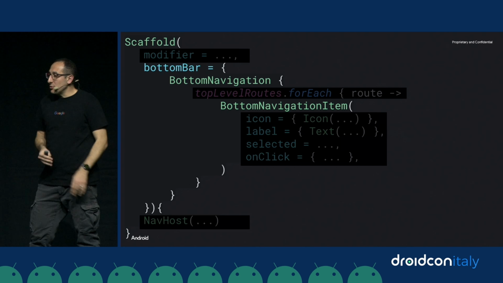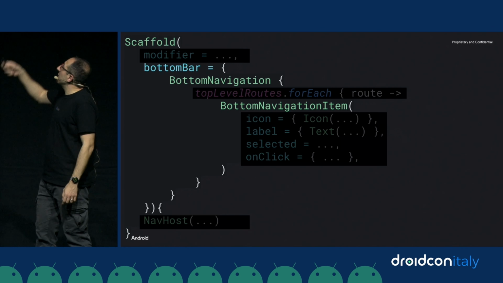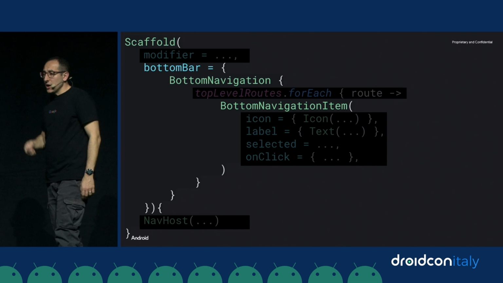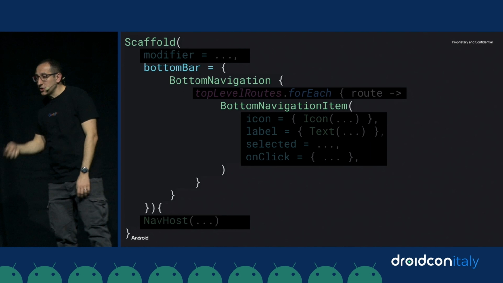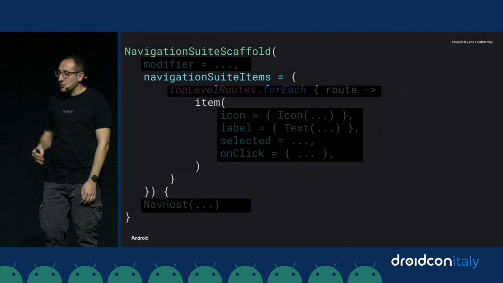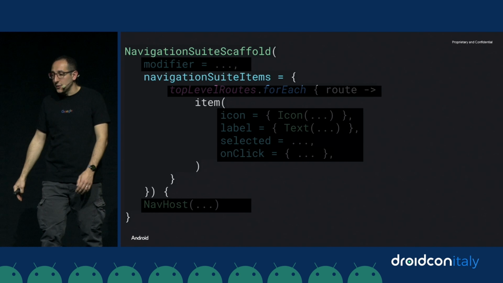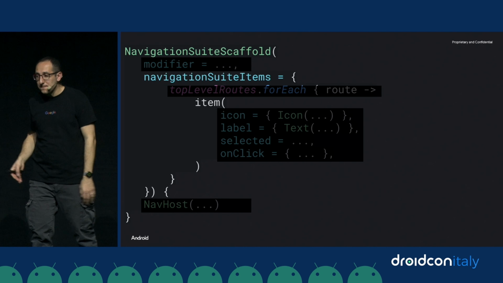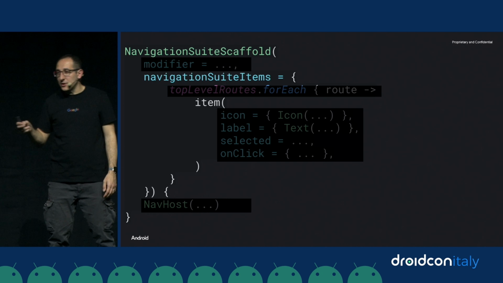How do we change those lines? First, you get rid of the bottom navigation, so you delete that. Then you transform your scaffold, your bottom bar, and your bottom navigation item to look like this. Your scaffold transforms into a navigation suite scaffold, your bottom navigation transforms into a navigation suite item, and here is the nicest thing.